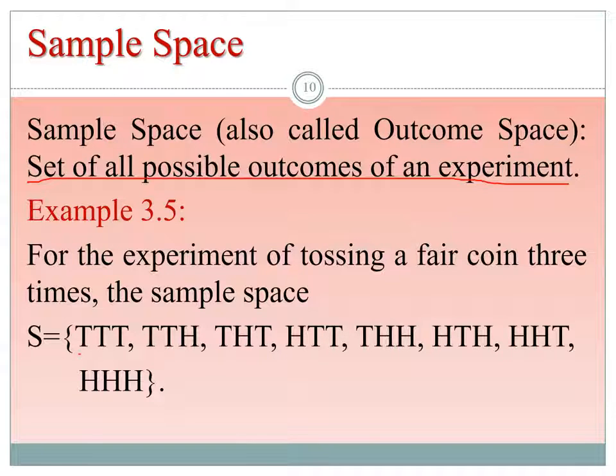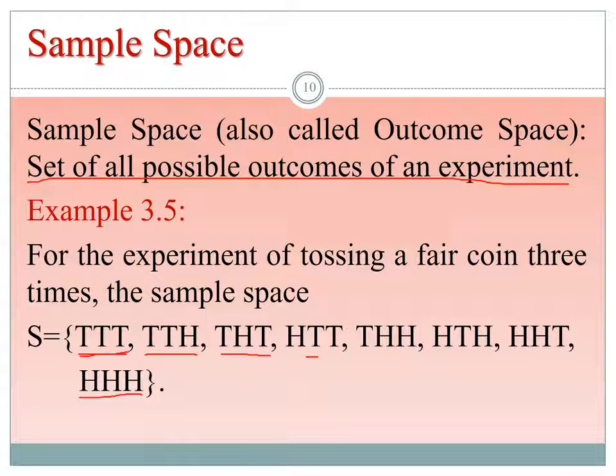That means first time head, second time head, third time head. Or first time tail, second time tail, third time tail. First time tail, second time tail, third time head. First time tail, second time head, third time tail.